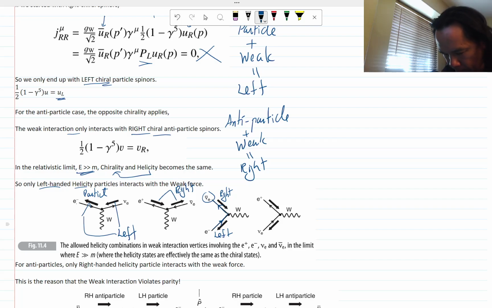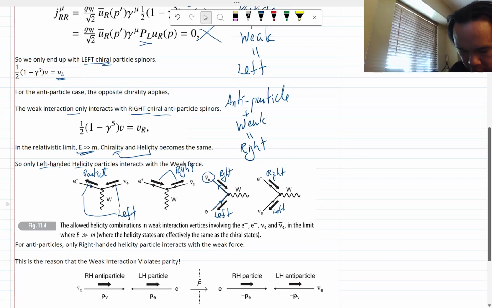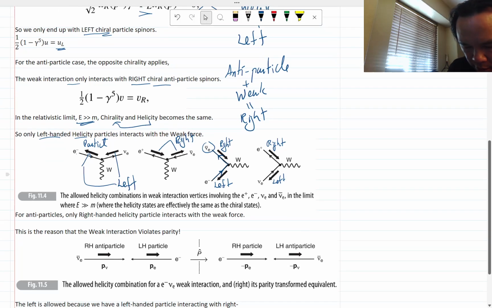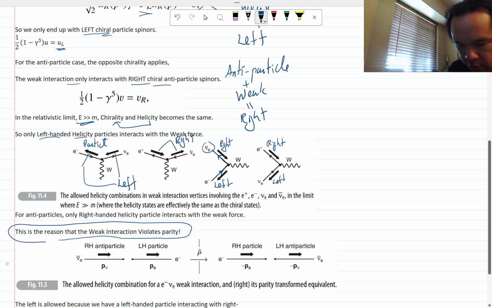Similarly, this is the antiparticle, which will be right-handed, and this is the particle, which will be left-handed. So how does that affect things when we're doing interactions? This is the reason why the weak interaction actually violates parity.